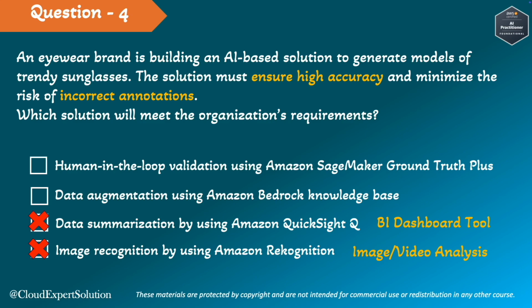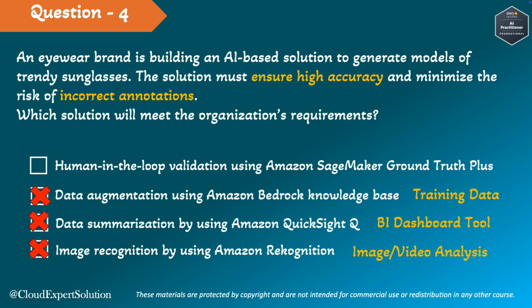Data augmentation is used to correct or generate datasets. If you have any data bias, then you need to balance the dataset. This option is not talking about balancing the dataset. It is talking about validating the annotations and mitigating the risk of incorrect annotations. Hence, Bedrock knowledge base is also not a correct option as we don't need any training data.